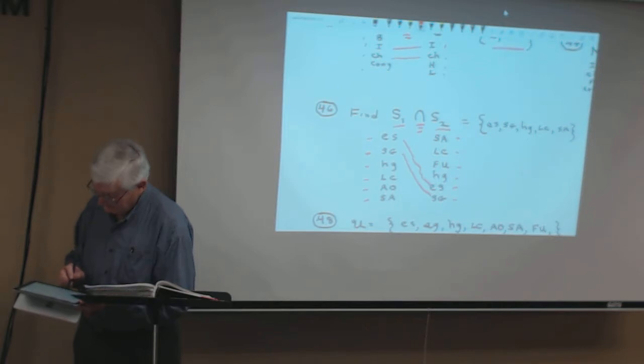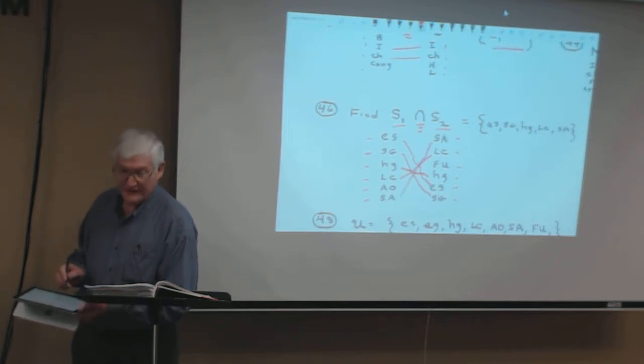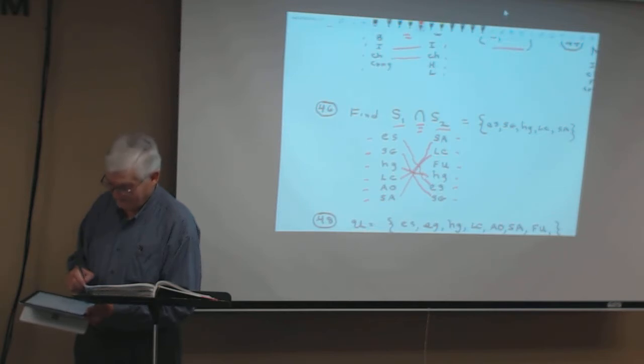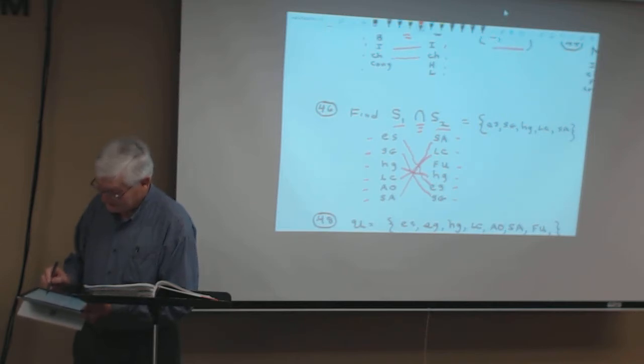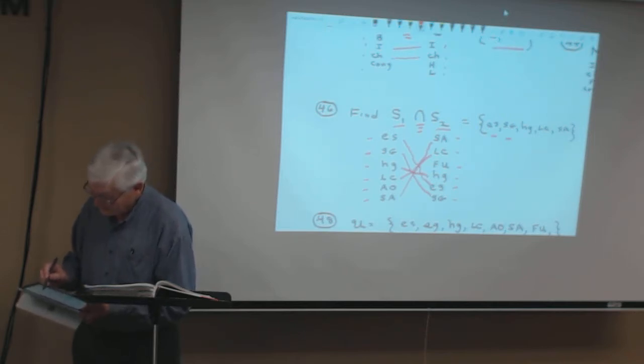And is that it? No, here's one. Oh, here's one. And here's one. Now, I know that looks messy. But when I get through messing around like that, I'm showing you how I found my answer, and there it is. ES, SG, HG, LC, and SA.